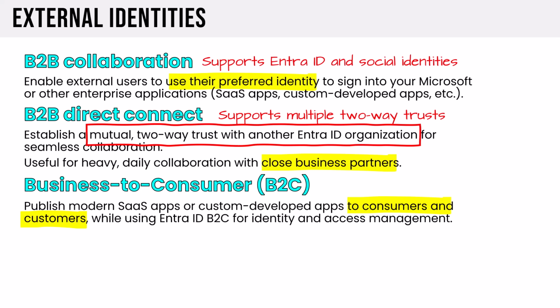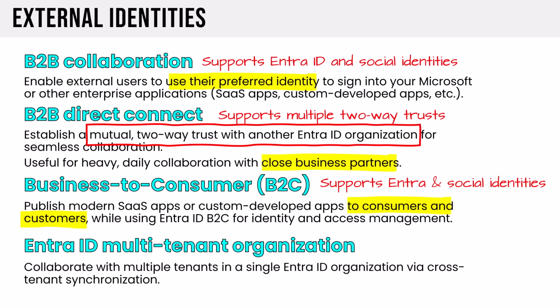The Entra equivalent is still in preview as of very late 2023. The branding is less important than understanding that there's a B2C component here for business to consumer scenarios. It supports Entra ID and social identities. And in a B2C scenario, you can imagine customers would be very happy to bring their social identities like many of us do every day to SaaS applications, whether that's a Microsoft identity, an Apple identity, a Google identity.